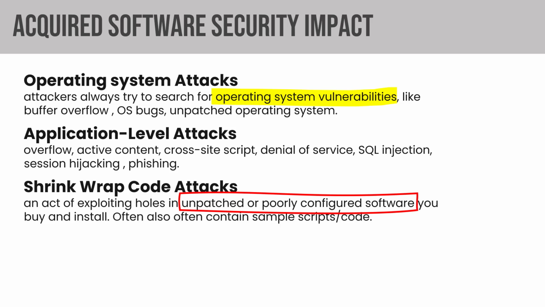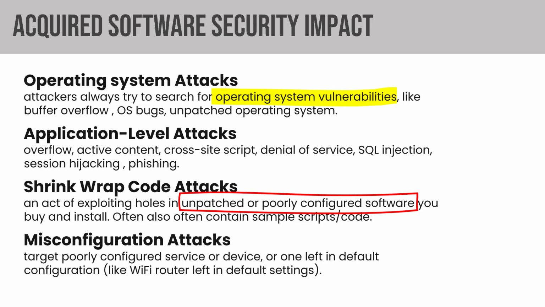So these are exploiting holes in unpatched or poorly configured software you buy and install. A lot of times, software you buy and install will contain sample scripts or code, and those will be exploited if an attacker can find them. Then finally, misconfiguration attacks, which target poorly configured services or devices, or one that's left in a default configuration. A Wi-Fi router left in the default settings is a fabulous example.